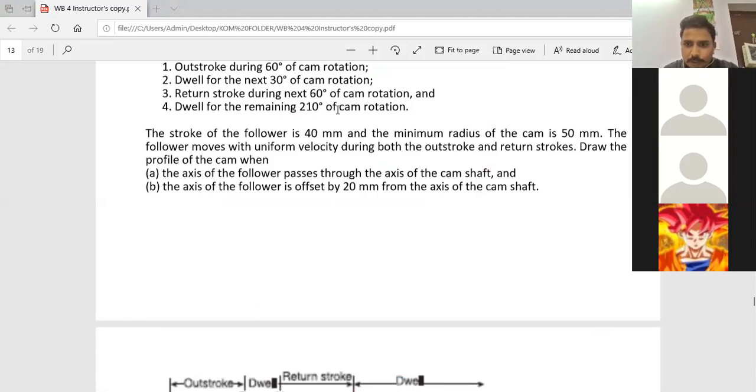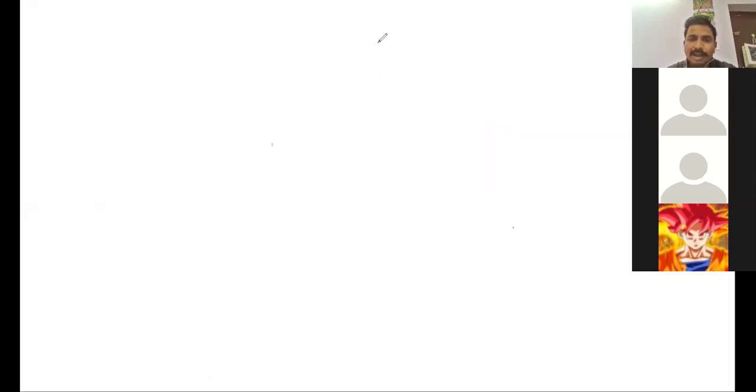First I would create a base circle of how much? 50 mm radius. 50 mm means 5 centimeter radius. So same thing I would do here also. I need to create a bigger one now.